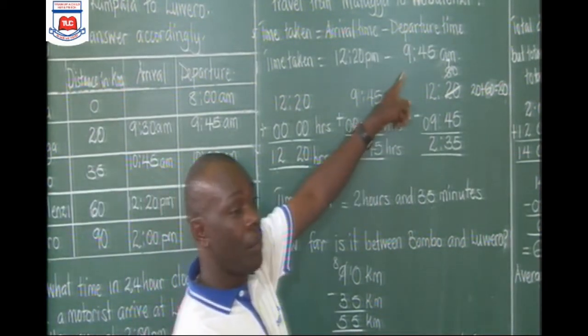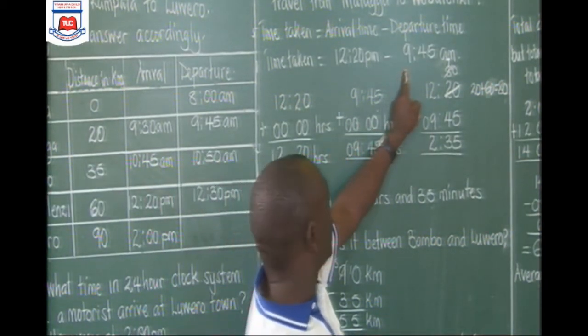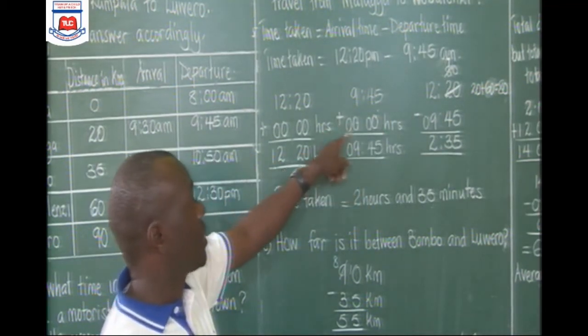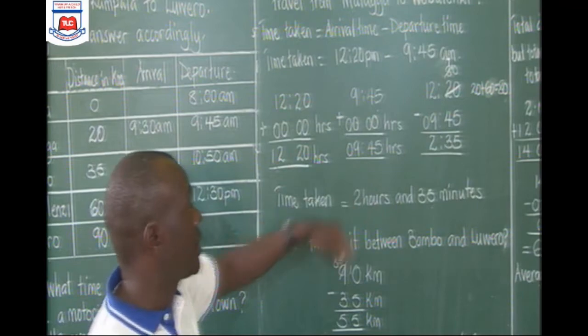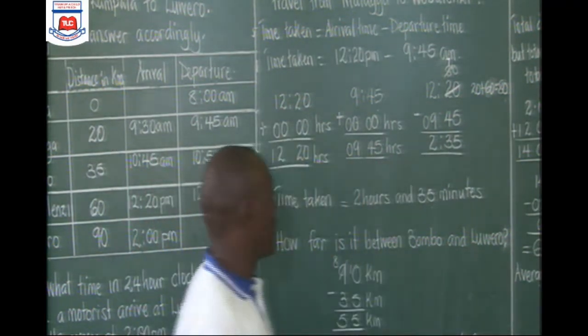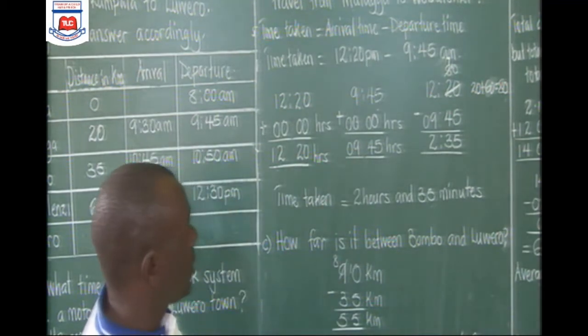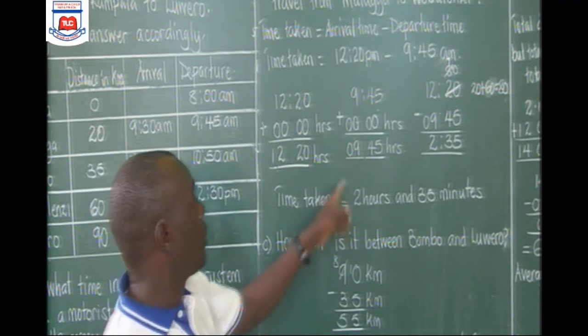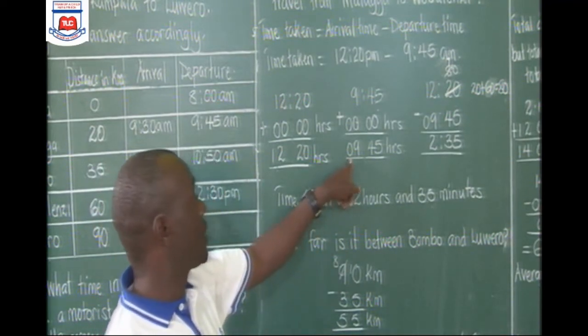Then in a.m., one adds 00 hours. Therefore, we go 9:45 plus 00 hours, 4 zeros please, thereby writing 9:45 hours. Remember not to put any dot in between there in a 24-hour clock system time. And one would wonder why the 0 is here.